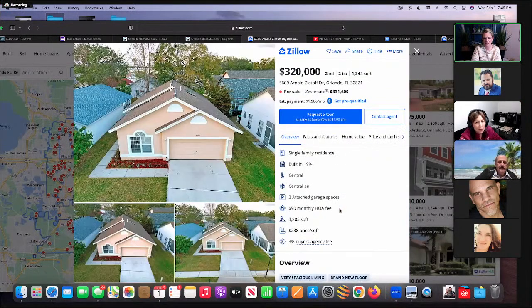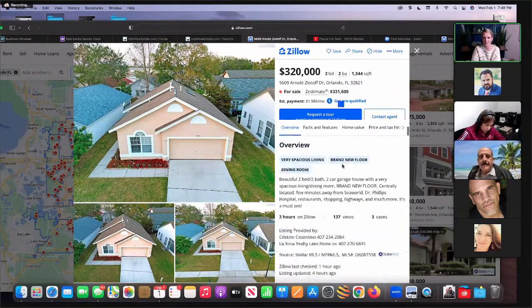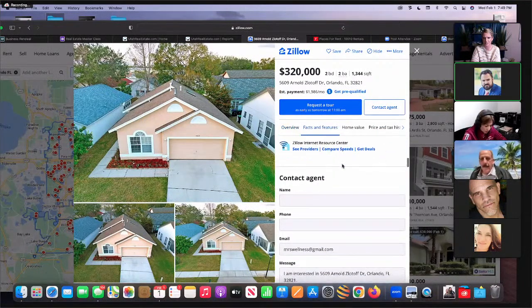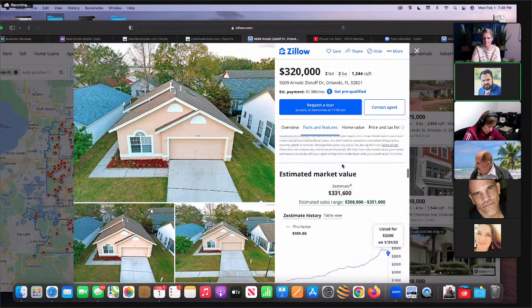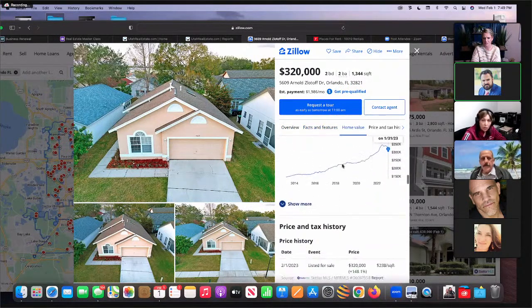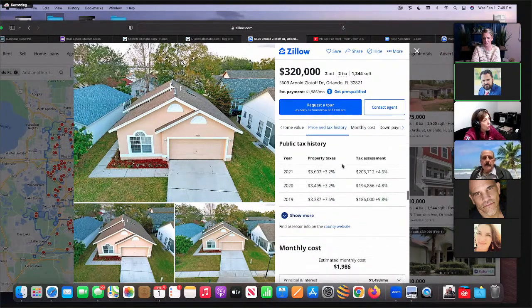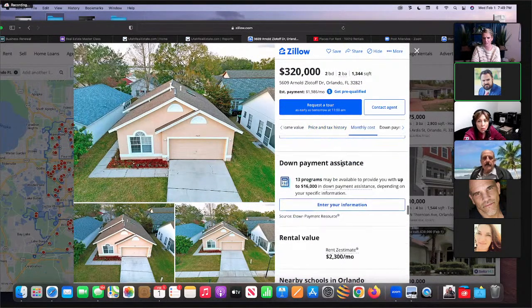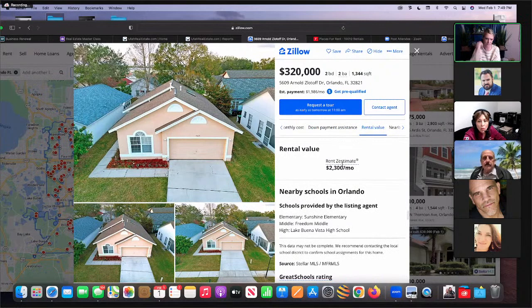And Mo was like, no, no HOA. All right, so this estimate is 331. I always love when that's lower than this, right? That's fantastic. Let's see if it has it. So we'll go off 320 because that's what they're asking. And so there's this estimate. Tax history. Estimated monthly cost. There it is. Okay. $2,300.